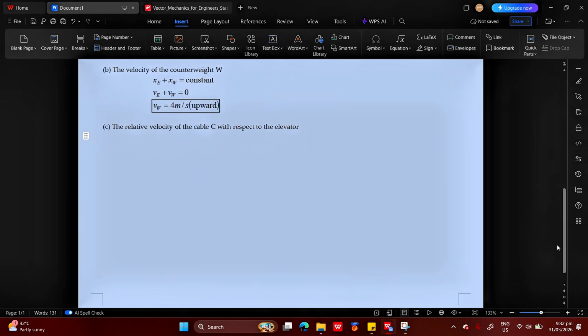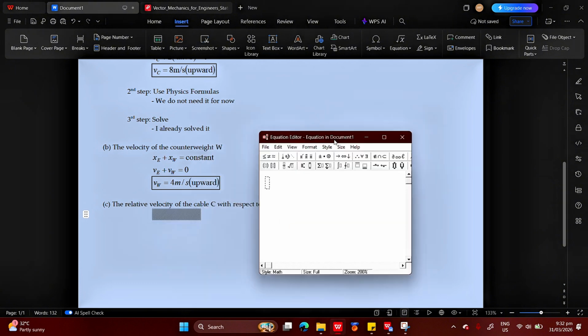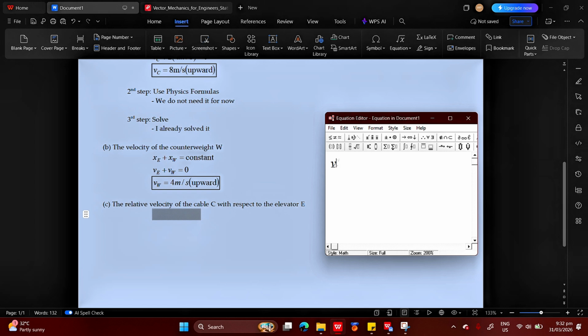So the difference between the velocity of cable C and the elevator E is just like this. Subtract the two. So the velocity of cable C with respect to E, meaning we are putting E as our denominator, is equal to VC minus VE.